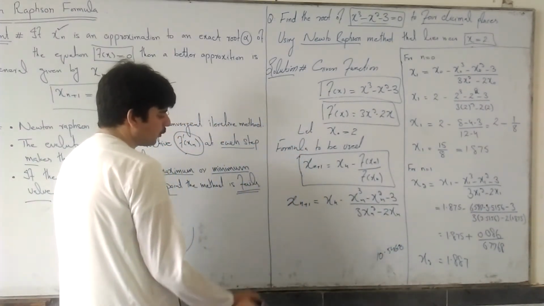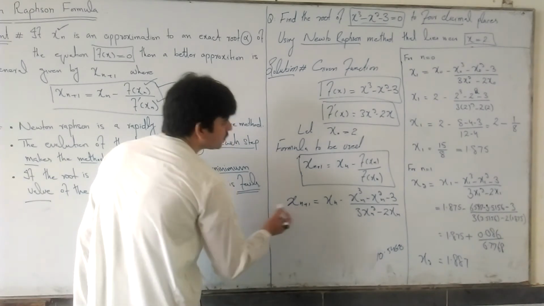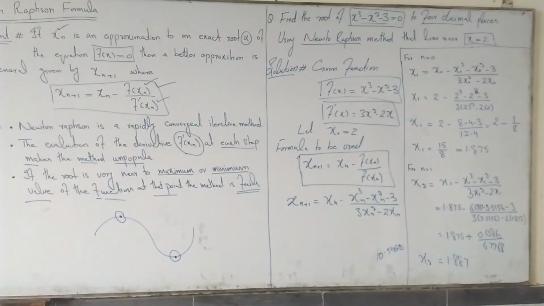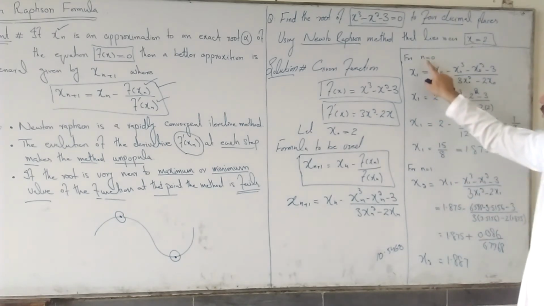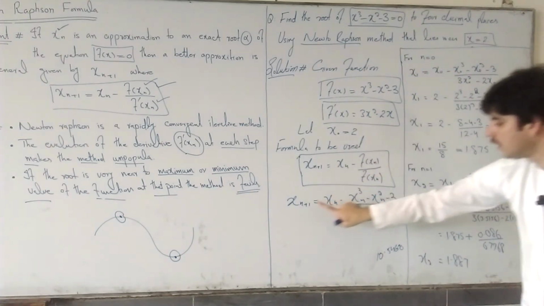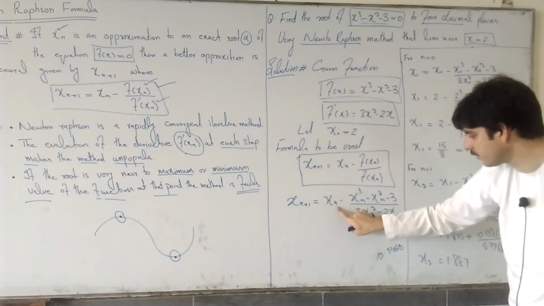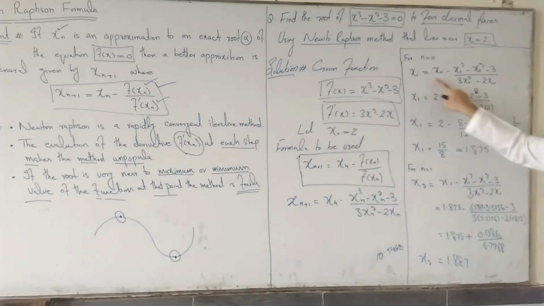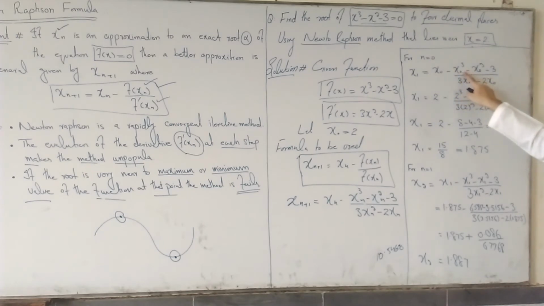Now we start for n is equal to 0, 1, 2, 3 and so on. So putting n is equal to 0, this becomes x1 is equal to x naught minus x naught cube minus x naught square minus 3 whole divided by 3 x naught square minus 2 x naught.